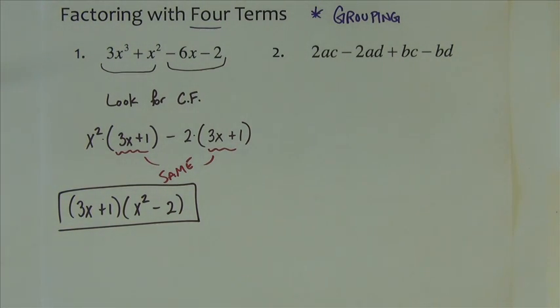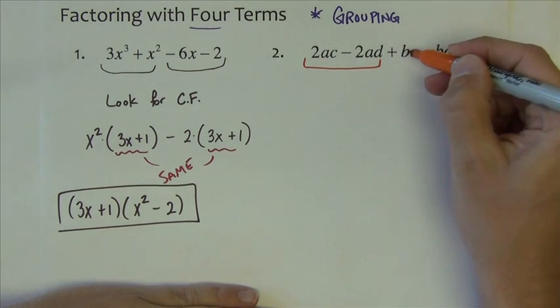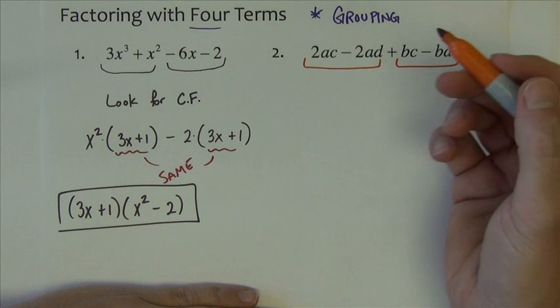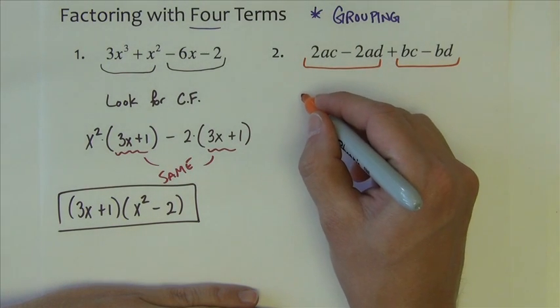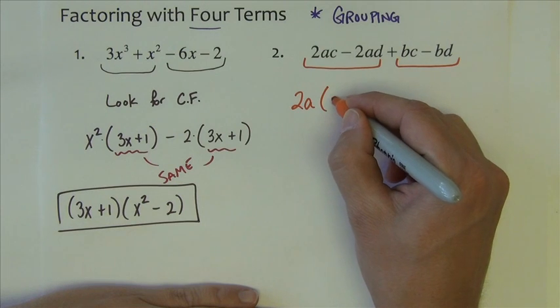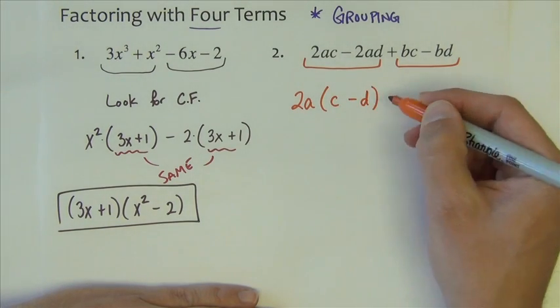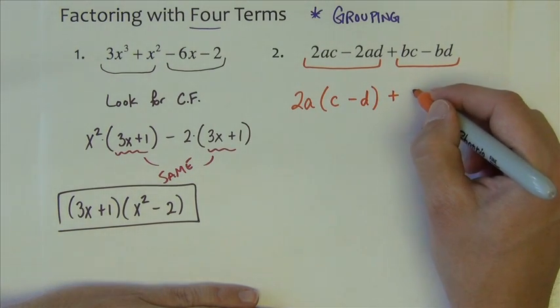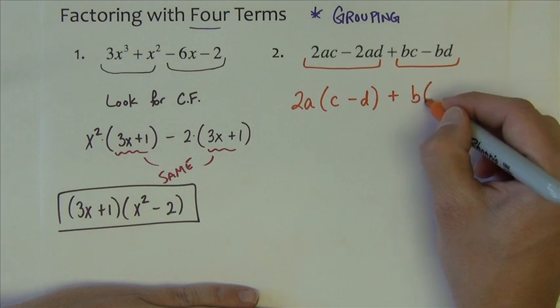Let's try the same thing for this last example. I'm going to group the first 2 terms and the second 2 terms. In the first 2 terms, they share a 2 and an a in common. Take those out, I'm left with c minus d. In the second 2 terms, they share a b in common.